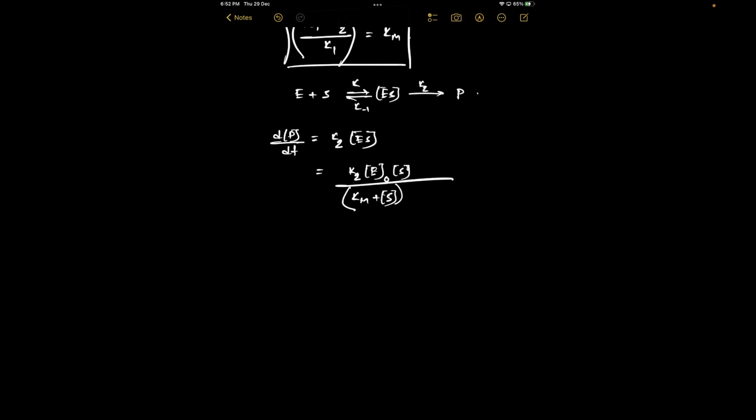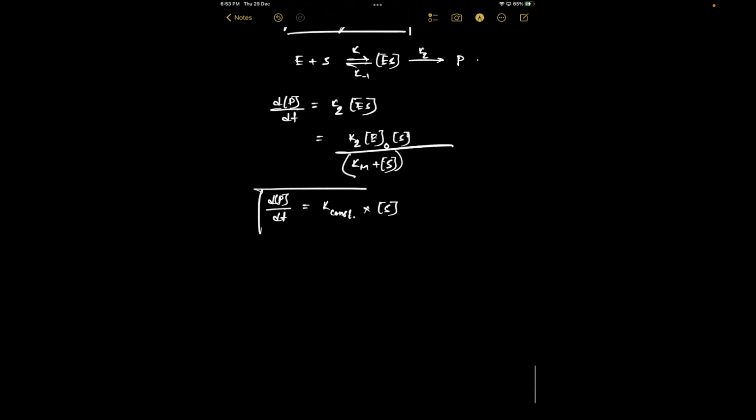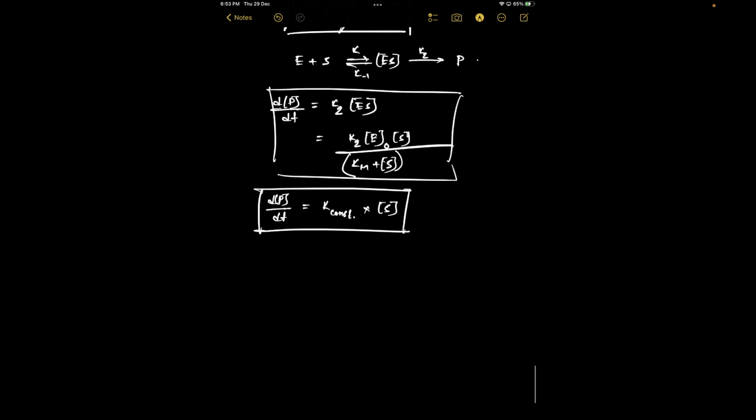Now dP/dt, that means the rate of formation of product P, will be equal to some rate constant times substrate concentration ES. If you compare these two terms, the rate constant will be equal to k2 times E0.